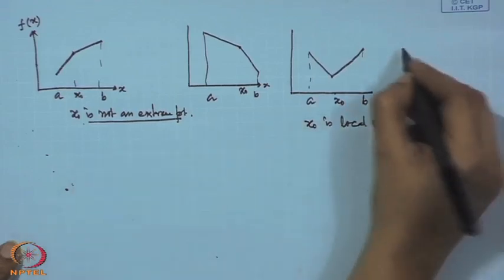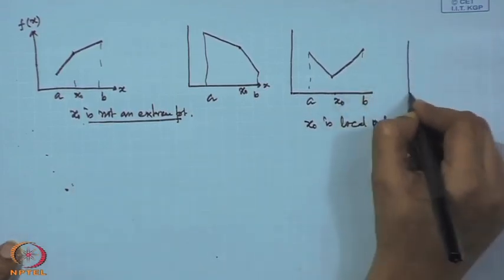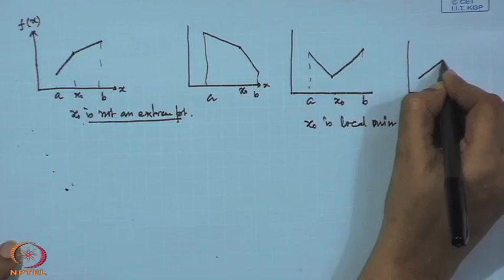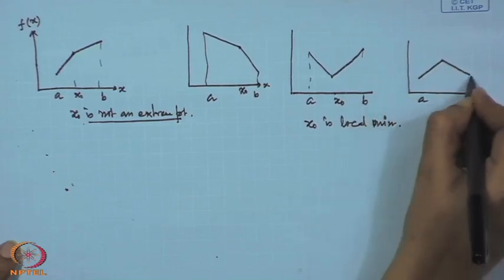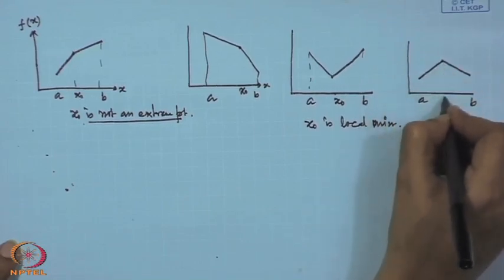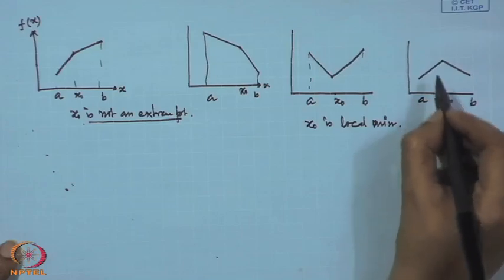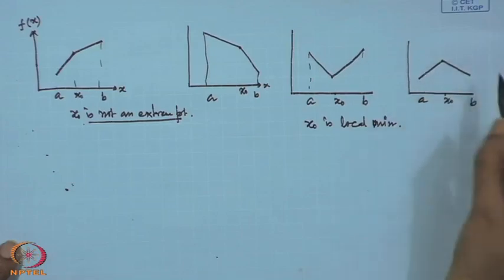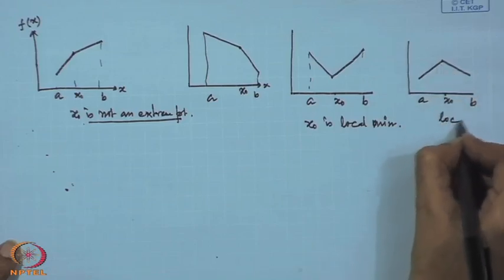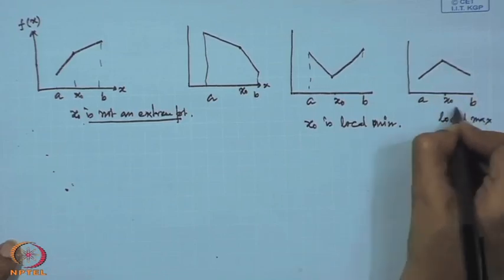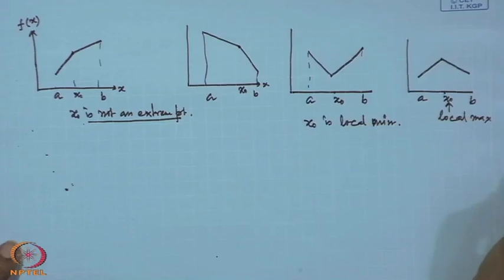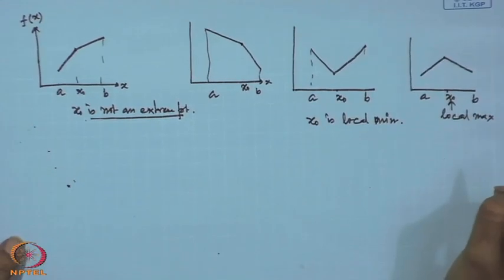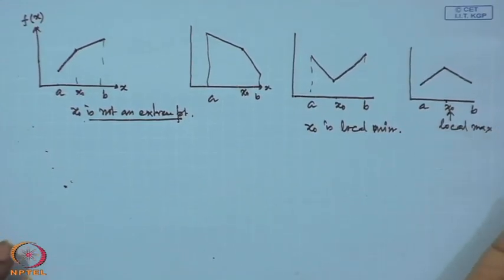Similarly, let us consider another situation. The function is defined from a to b, a is one point, b is another point, and x naught is a point in between, where x naught has a local maxima, but again the first order derivative fails here. Thus, if the first order derivative fails, what will happen about the optimality?